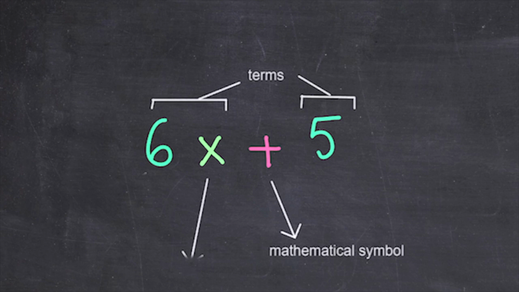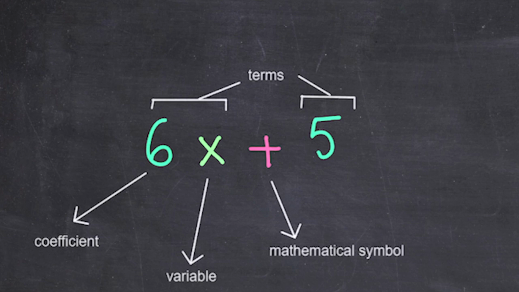X is a variable. In mathematics, we use letters as variables to show that their value is not known to us. Variables can take up any value. The number which appears along with a variable is called a coefficient. In the above expression, 6 is a coefficient, and it is being multiplied by the x.